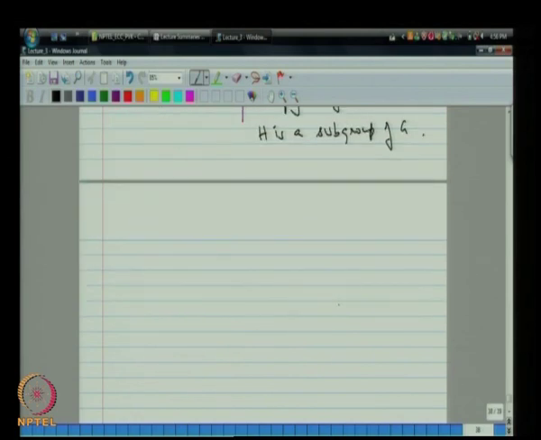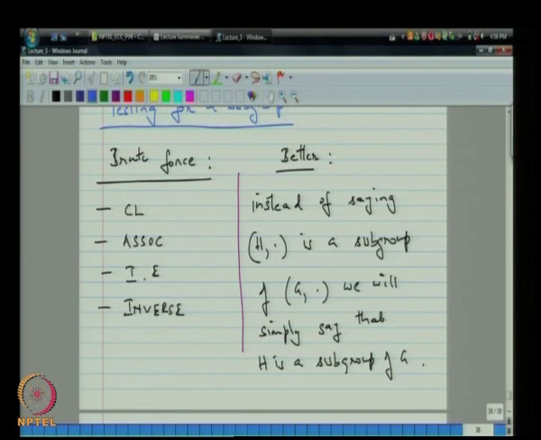So, here is a lemma. The brute force way is to actually look into H, and maybe I should also draw a small picture here.